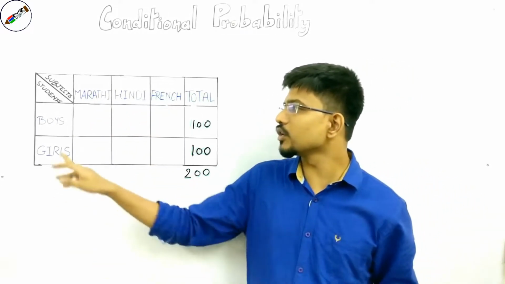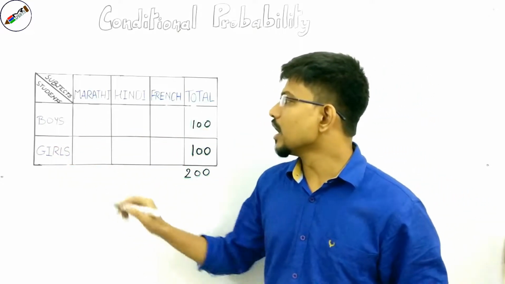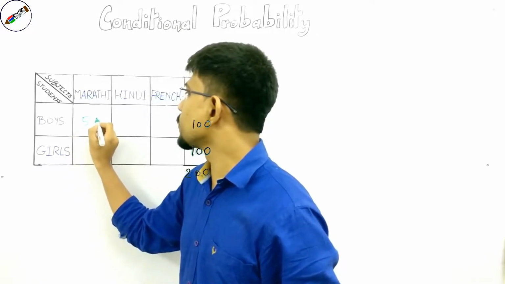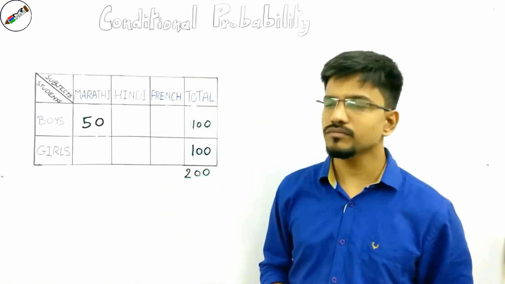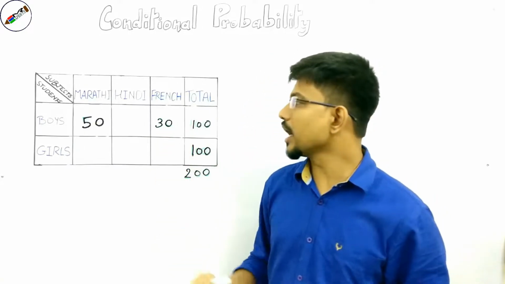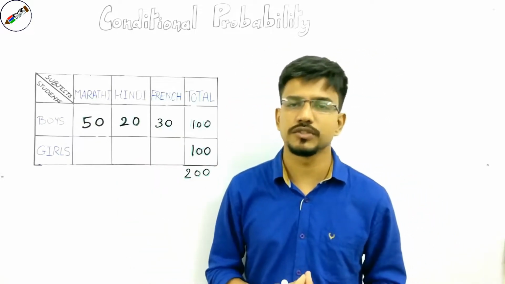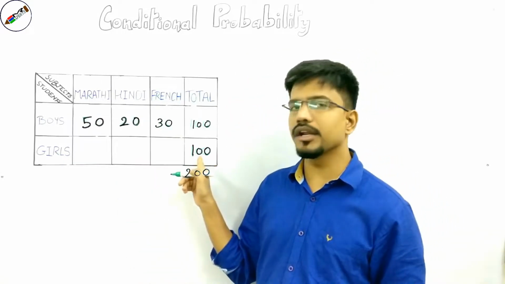Now let us concentrate on the number of boys. It is 100. Let me say that around 50 boys opted for Marathi and 30 boys opted for French, and the remaining 20 boys opted for Hindi as their language. Now let us concentrate on 100 girls.